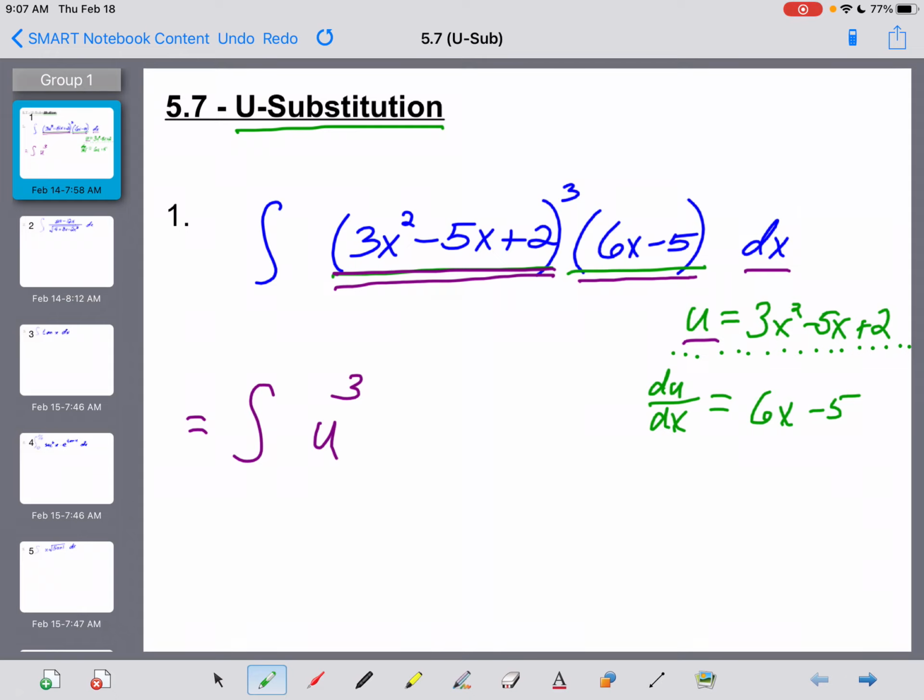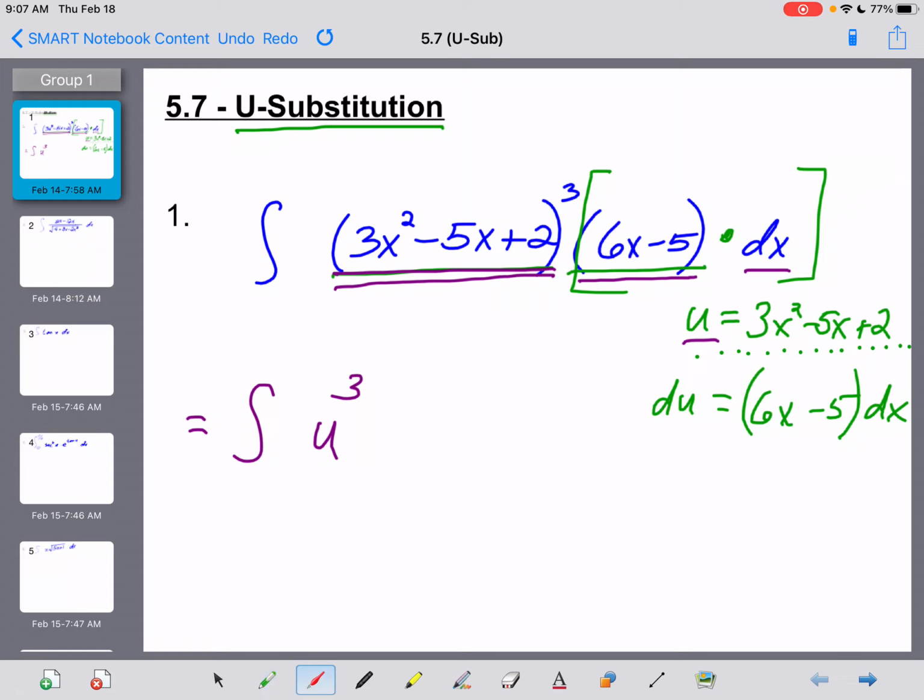But what we really need, you guys, is 6x minus 5 multiplied by dx. I can get that from this equation, but that dx I'm going to move to the other side with multiplication. So what I'm actually going to do here is call the left side du and the right side 6x minus 5 dx. Technically there should be parentheses or brackets right here, but we'll normally leave those off.